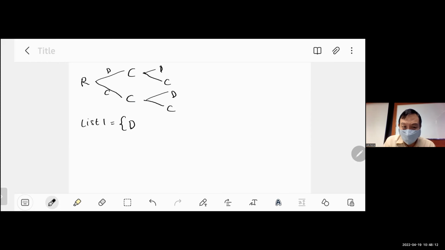So if row plays first, what will the column do? That means you look at the second number. It's better if you put the numbers there.